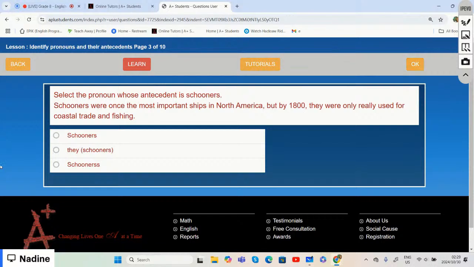All right, the next one says: Schooners were once the most important ships in North America, but by the 1800s they were only really used for coastal trade and fishing. We need to select the pronoun whose antecedent is schooners. Is it option 1 schooners, option 2 they, or option 3 schooners?